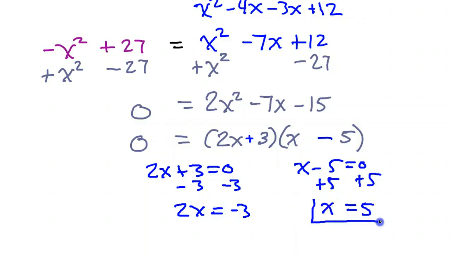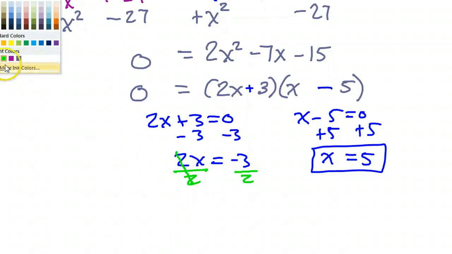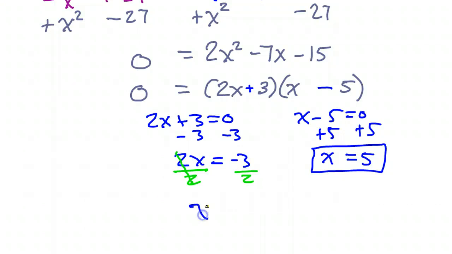Okay, that's one of my solutions right there. Over here I'm going to divide both sides by 2. So dividing by 2 on both sides, that's going to give me x is equal to negative 3 over 2.